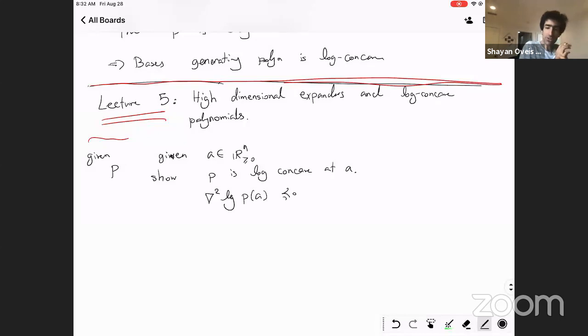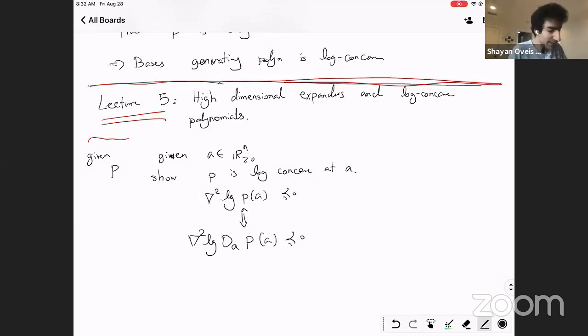Now, the first observation is that this is equivalent to the directional derivative of P in the direction A being log concave at A. So the Hessian of log of P at A is negative semi-definite.